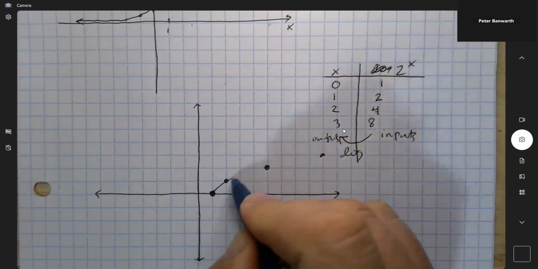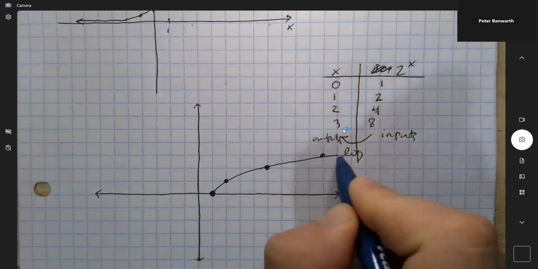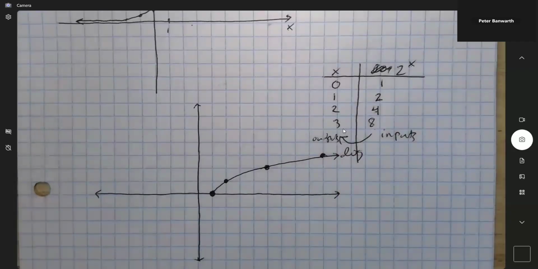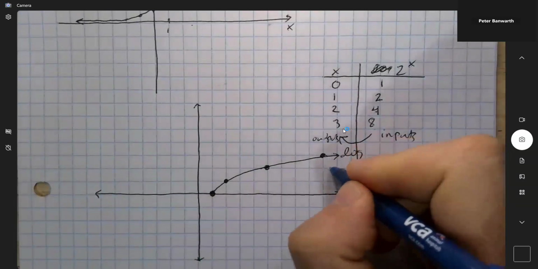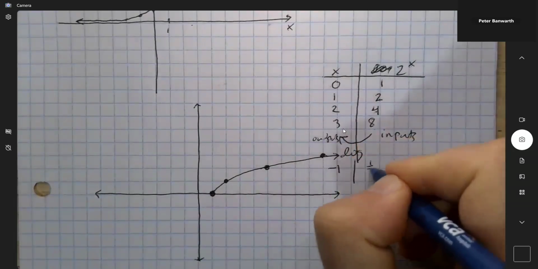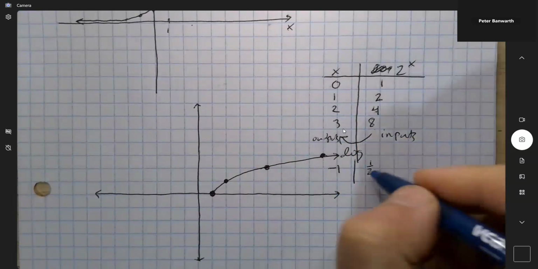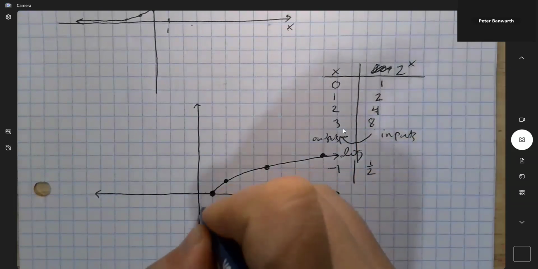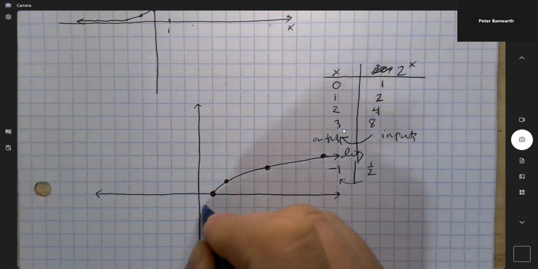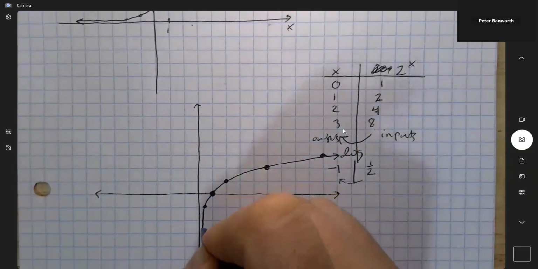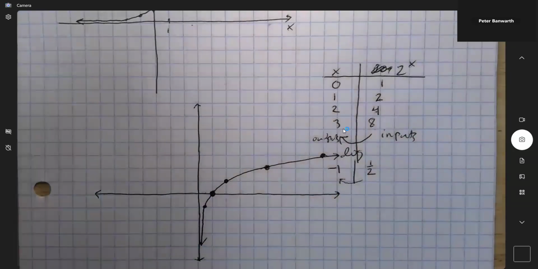And I get something that actually starts off looking a little bit like a square root function, but it's not quite. It actually grows more slowly than a square root function. It also keeps going, because if I put in -1 as my power, I get 1/2 as the output, which means if I put 1/2 into my function, I get -1 as an output, and it goes down like this forever.